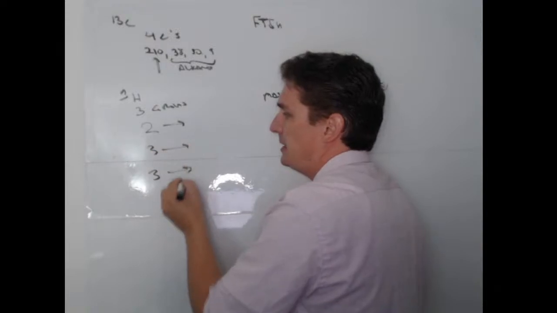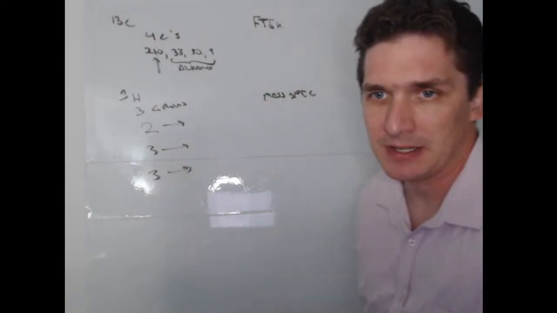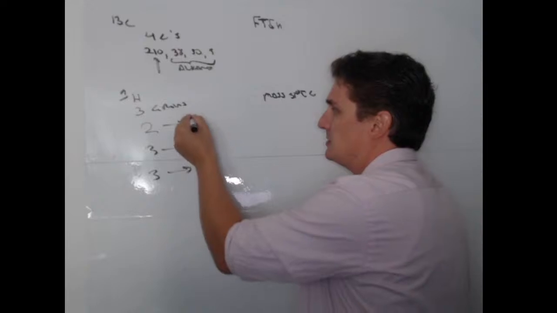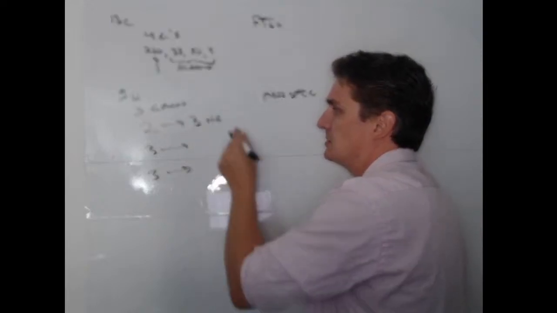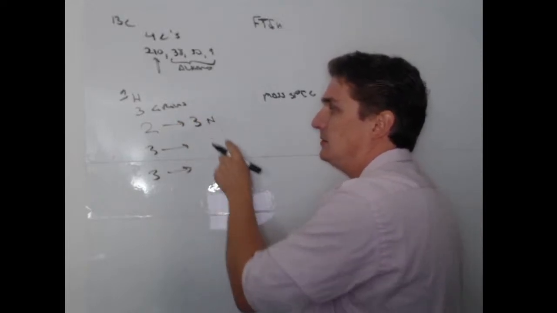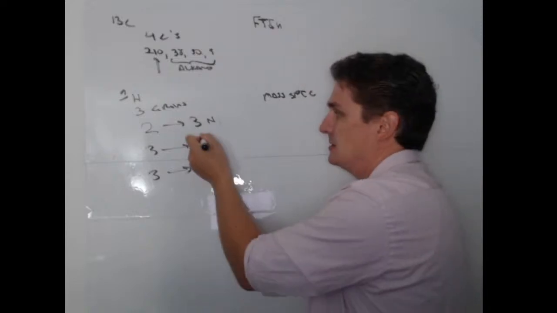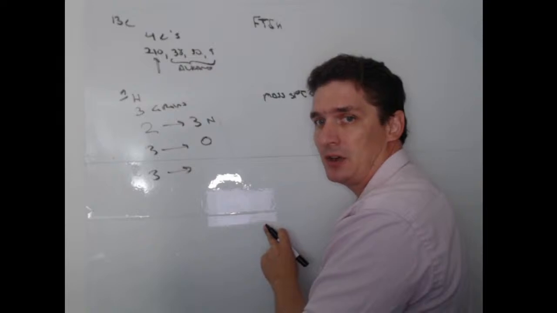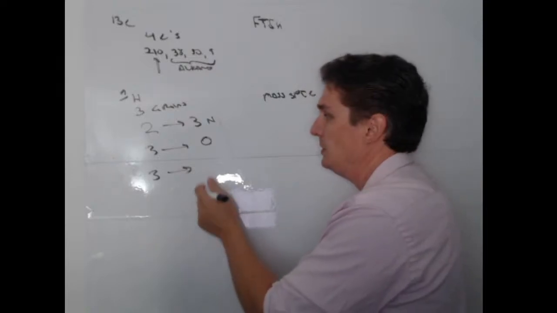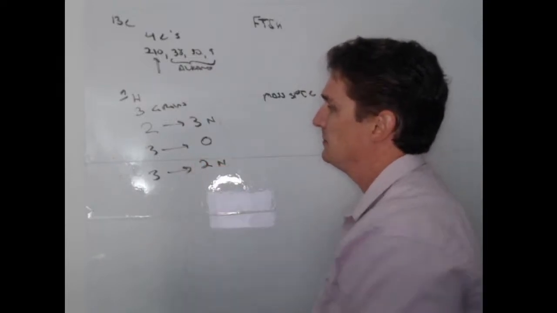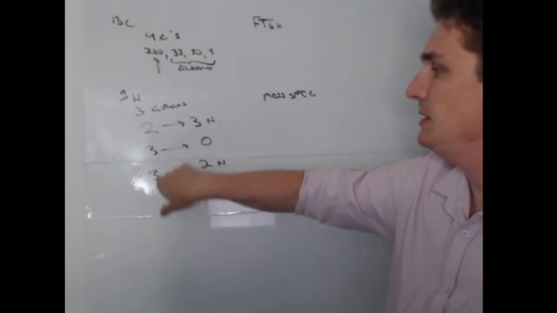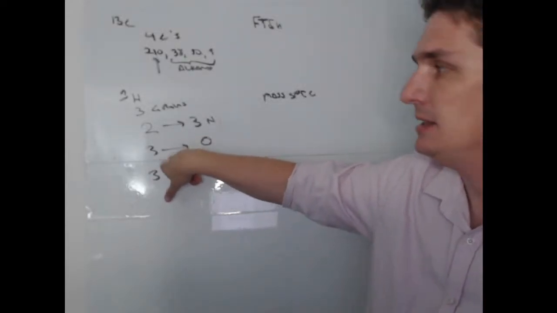From their splitting patterns, we expect the area of 2 is a quartet, so it's got 3 neighbors, using n+1. Our singlet has 0 neighbors, and our triplet has 2 neighbors. So there's 2 that see 3, 3 that see 2, and 3 that don't see anything.